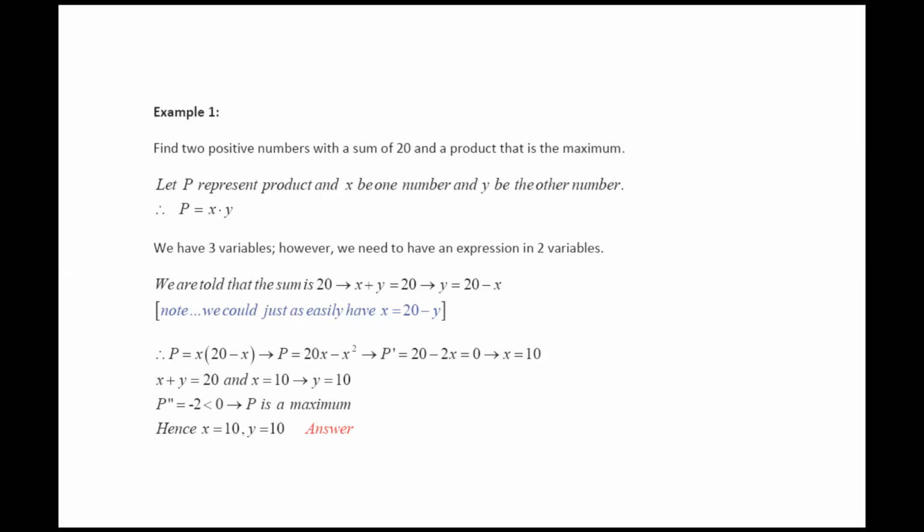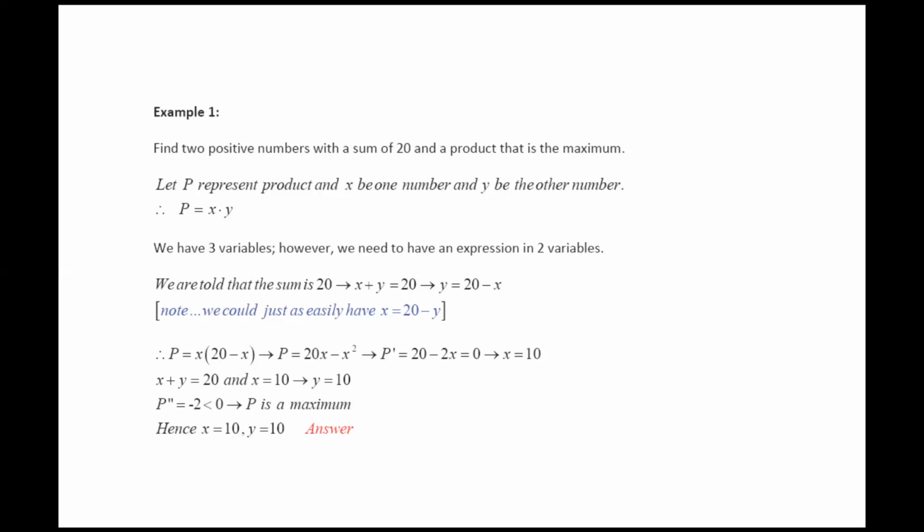Obviously, somebody that's never heard of calculus and derivatives would probably think two numbers that add together give you 20. 1 and 19, you multiply them, you get 19. 2 and 18, you multiply, you get 36. And they probably run through a few numbers and come rapidly to the conclusion that the two numbers are 10 and 10.